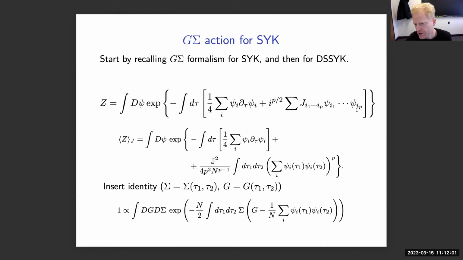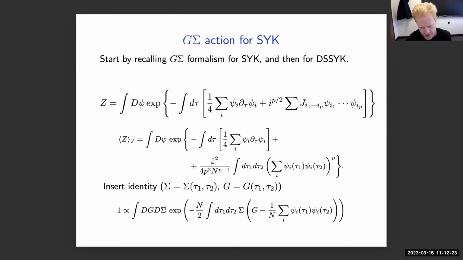So instead of P copies of fermions, we get P copies of the bilinears in the fermions. And then the trick is to do a Hubbard-Stratonovich transformation, which is to introduce two fields, sigma and G, which are functions of the two time variables, tau1 and tau2.